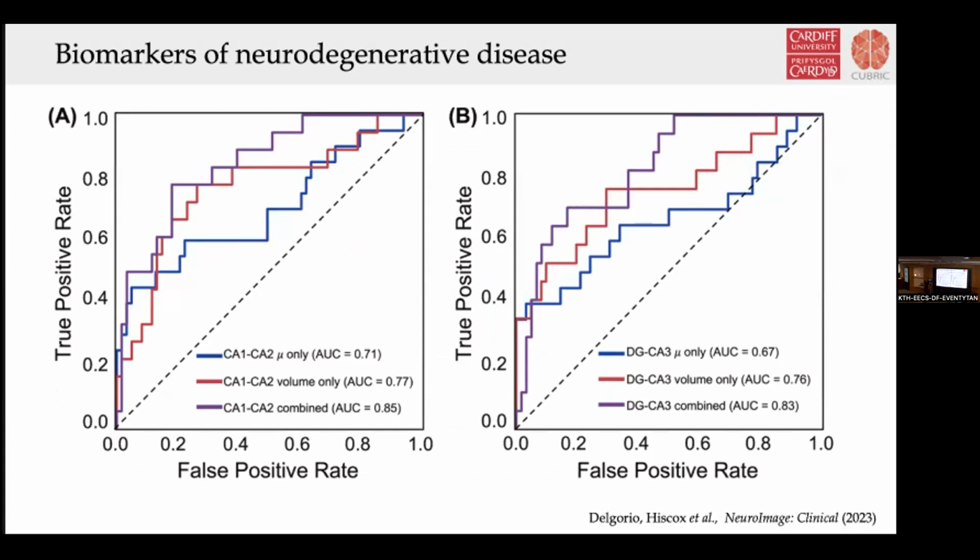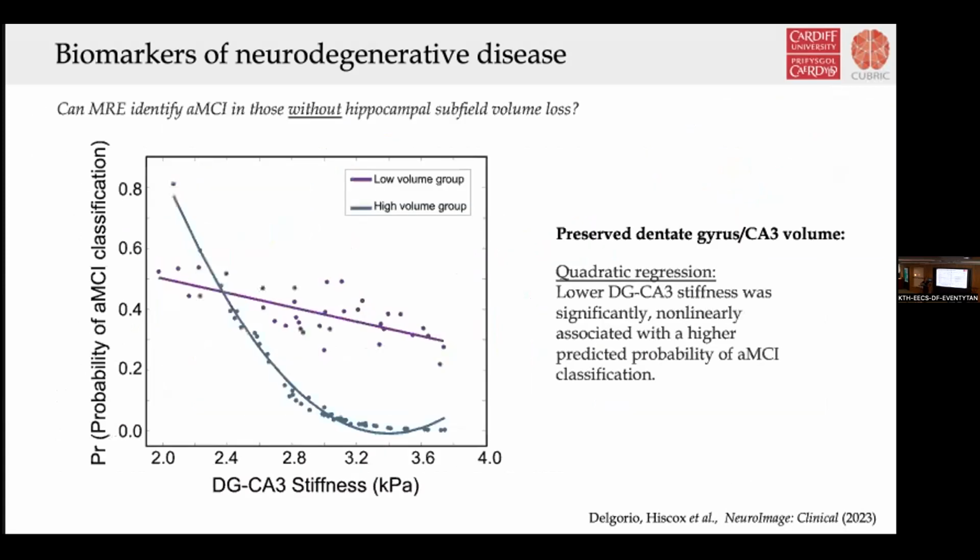So this is positive. Another thing we quickly looked at was, can MRE identify MCI in those without hippocampal subfield volume loss? If you have a low volume, so you've got atrophy, volume loss, lower stiffness does predict the possibility of an MCI diagnosis.